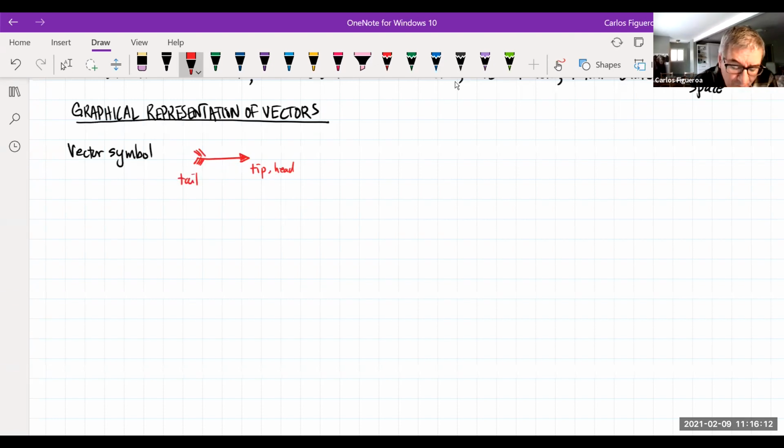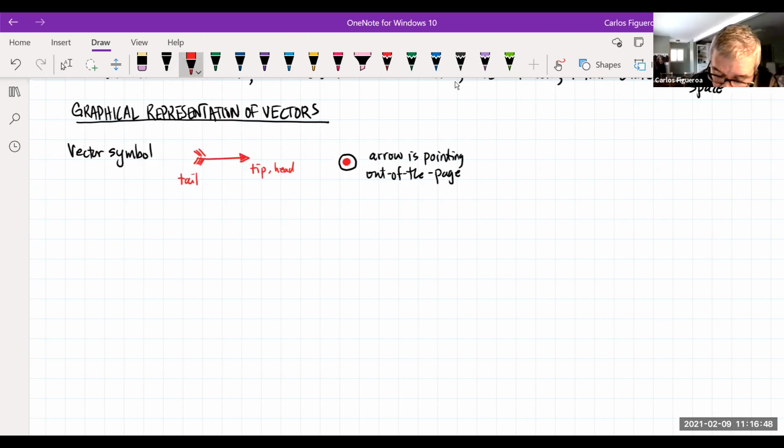If you're looking at it from the side viewpoint, we don't typically draw the feathers of the arrow. But if the arrow is pointing directly at you, then we say that the arrow or the vector is pointing out of the page or the board, however you want to call it, or the screen.